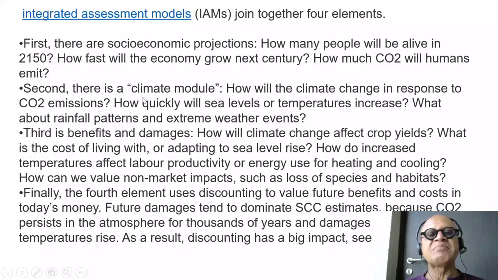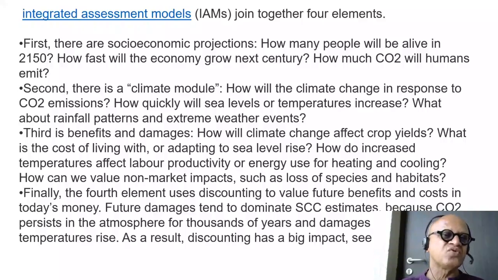Secondly, there is a climate module, so it simplifies things. How will the climate change in response to CO2 emissions? How quickly will sea level or temperature rise? What about rainfall patterns? So it's not doing the entire climate model, it's just getting input into that module from hopefully a climate model.